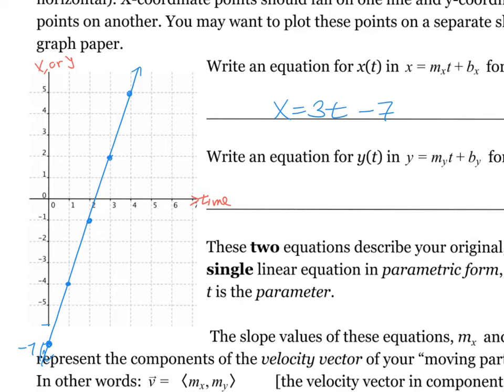Okay, let's do the y coordinates as a function of time. The first y coordinate at t equals 0 is -4, and with every step in time, our y coordinate increased by 2 units. So as I move to the right, unit by unit, I'm going to increase my vertical position by 2 units.